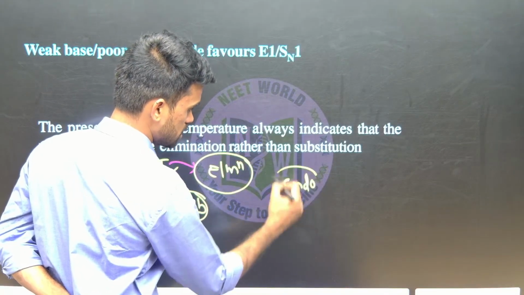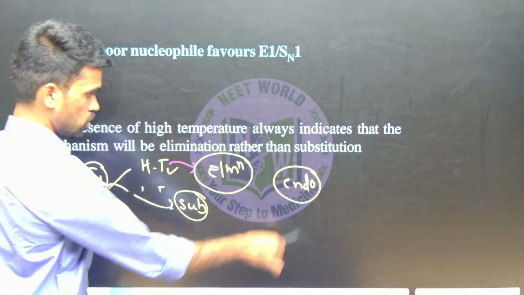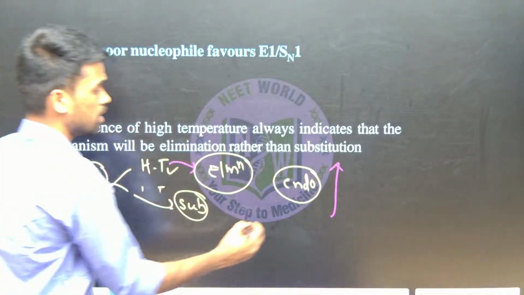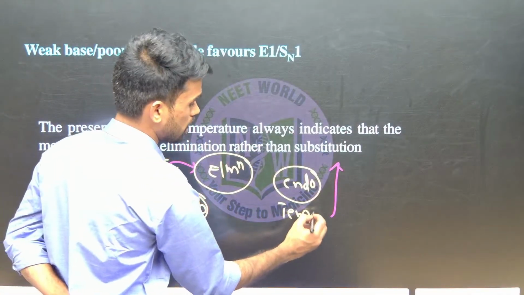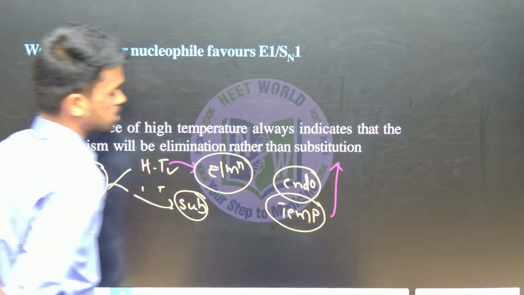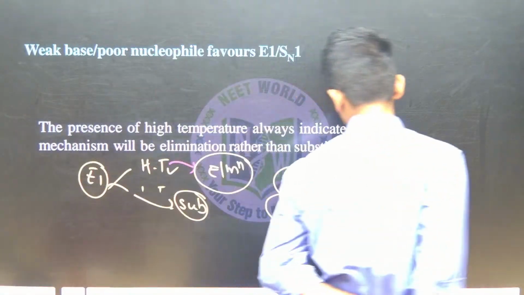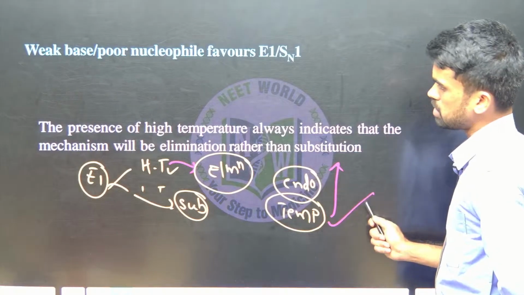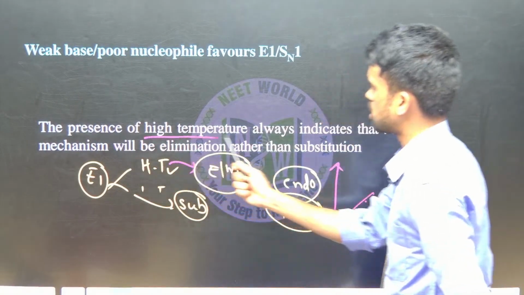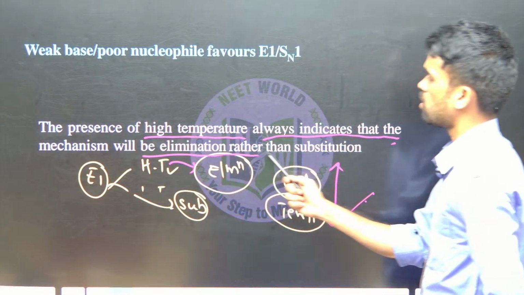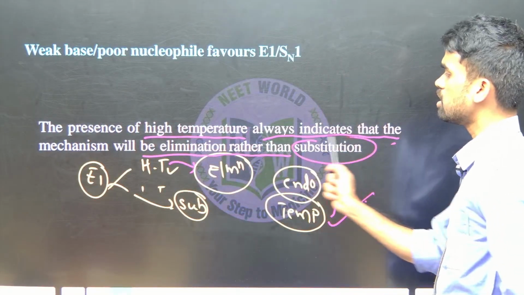For an endothermic reaction, the forward step is favored by higher temperature. So the presence of high temperature indicates that the reaction mechanism will follow elimination rather than substitution.